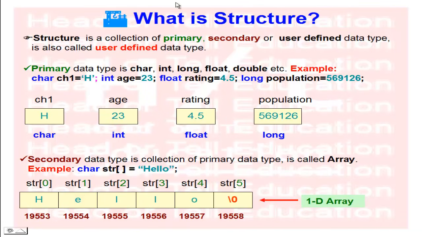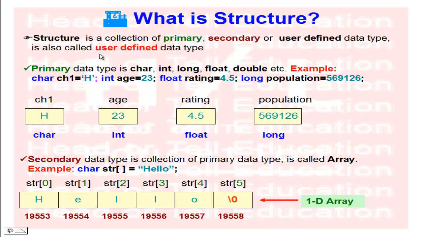Now what is a structure? A structure is a collection of primary and secondary data types, also called a user defined data type.